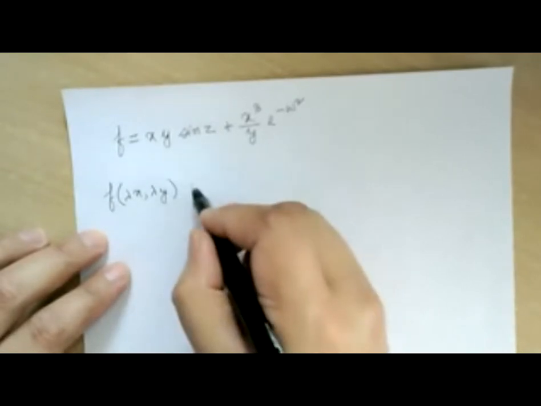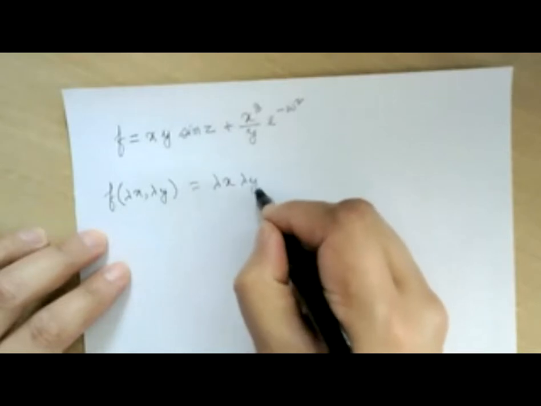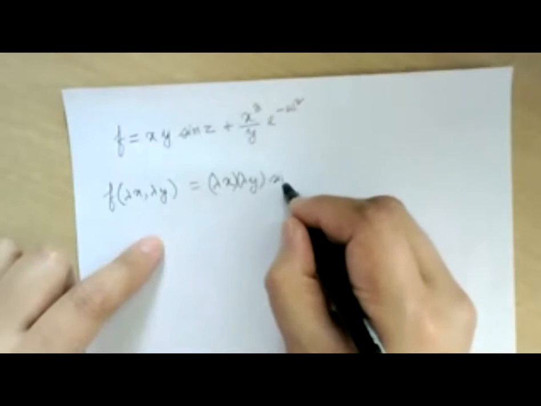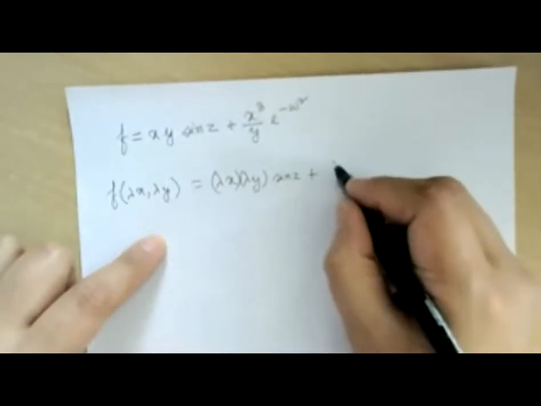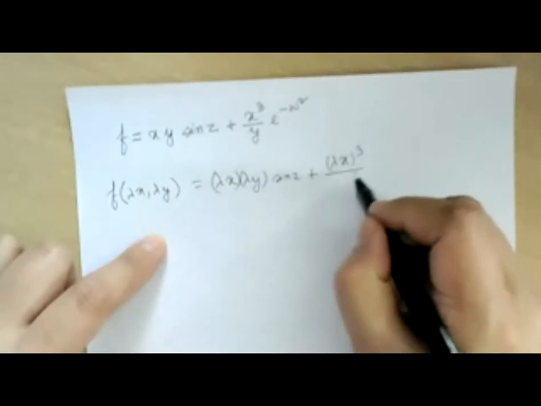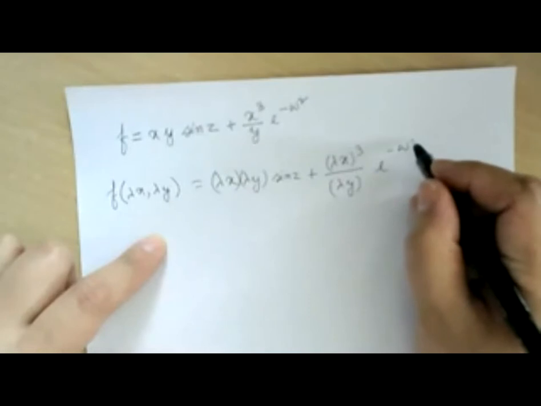So this is equal to lambda x times lambda y times sin z plus lambda x whole cube by lambda y e to the power minus w square.